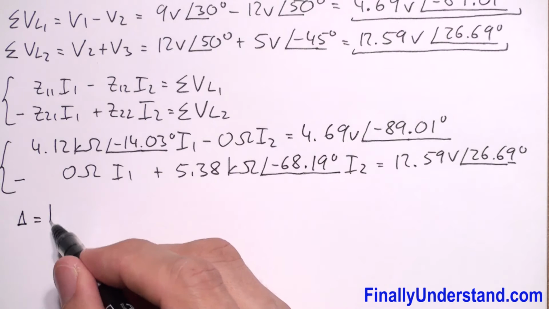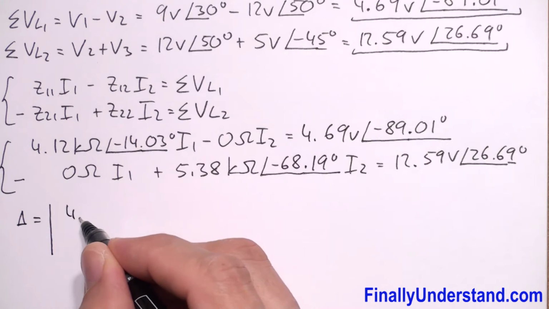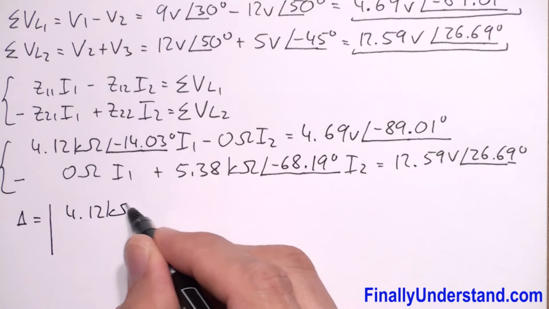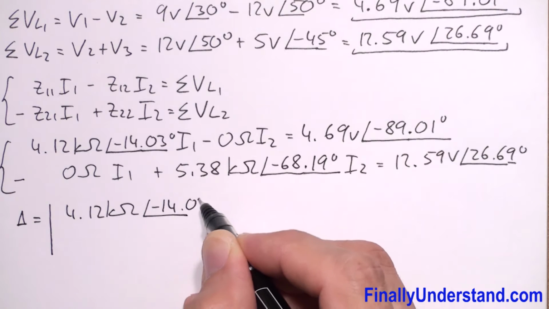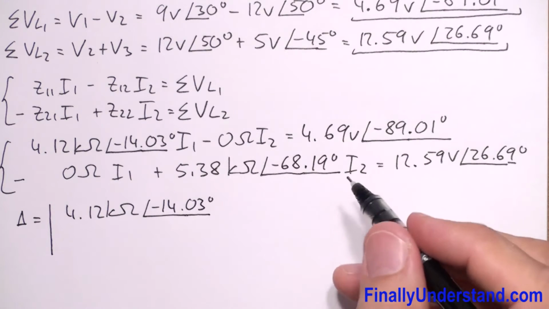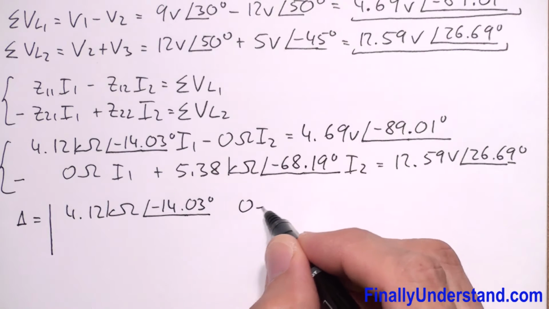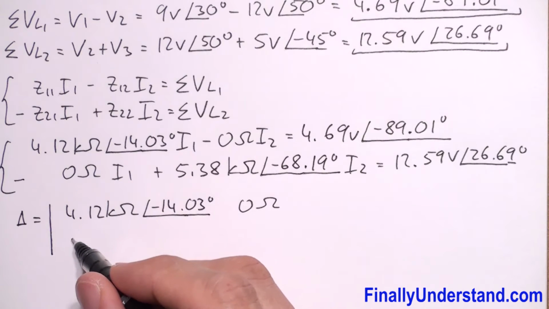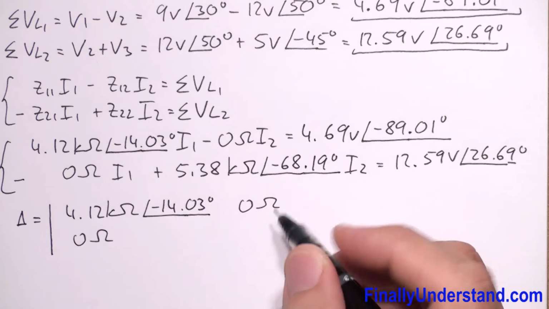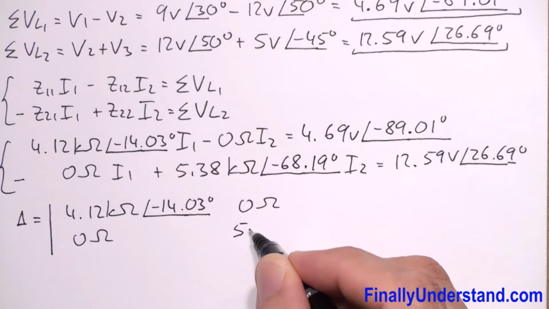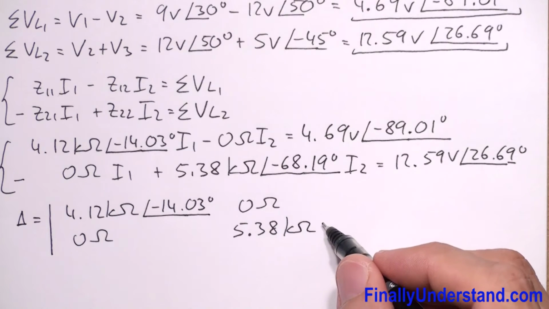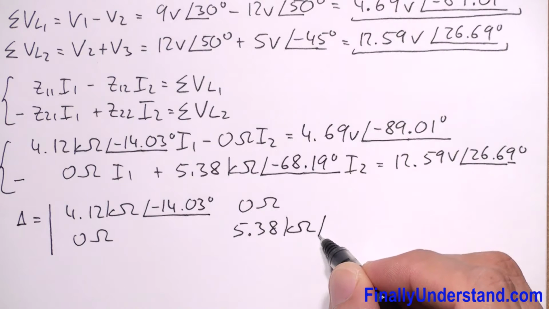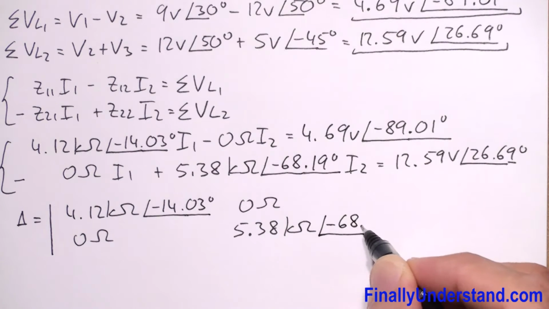Delta is equal, I have 4.12 kiloohms and angle of negative 14.03 degrees, and I have 0 ohms, and I have 0 ohms, and I have over here 5.38 kiloohms and angle of negative 68.19 degrees.